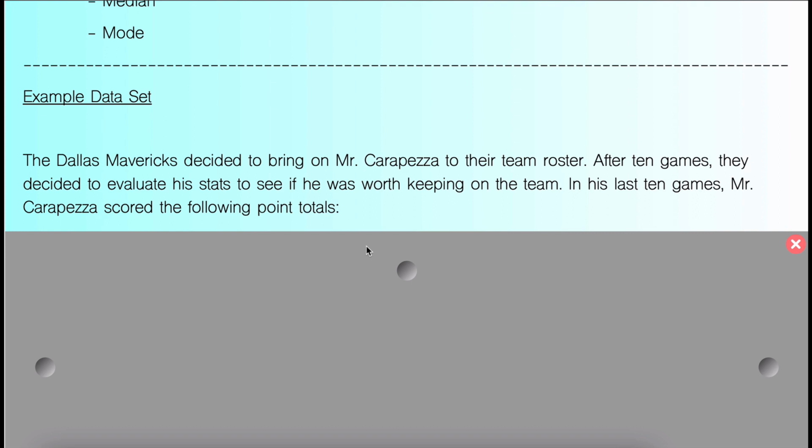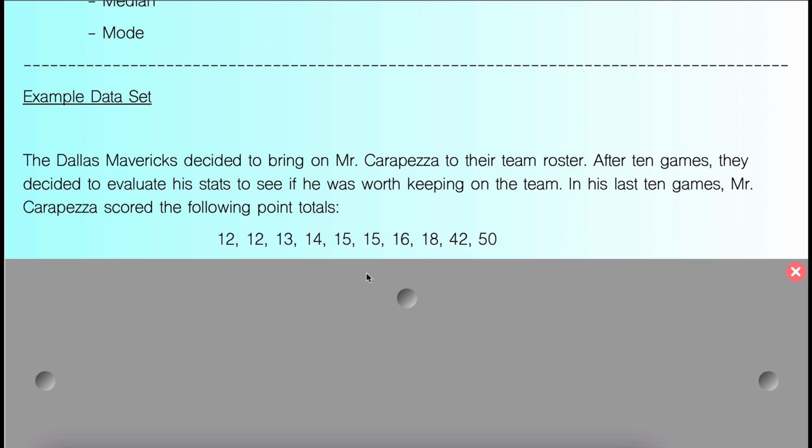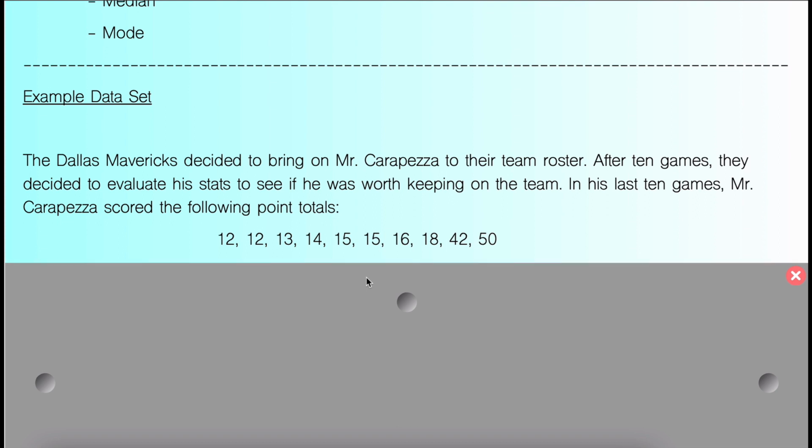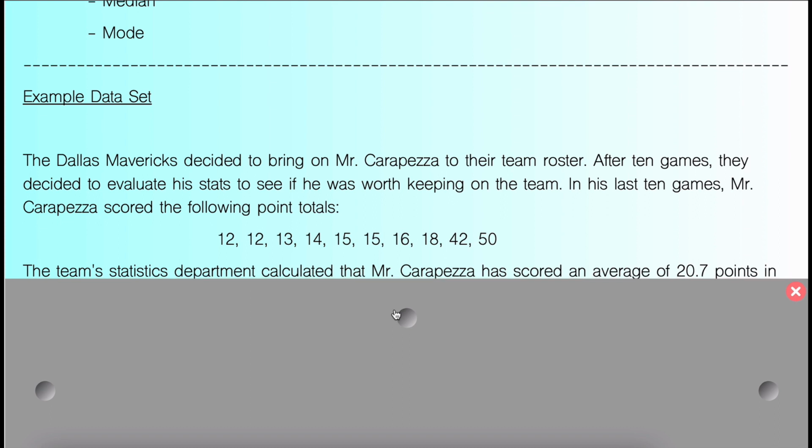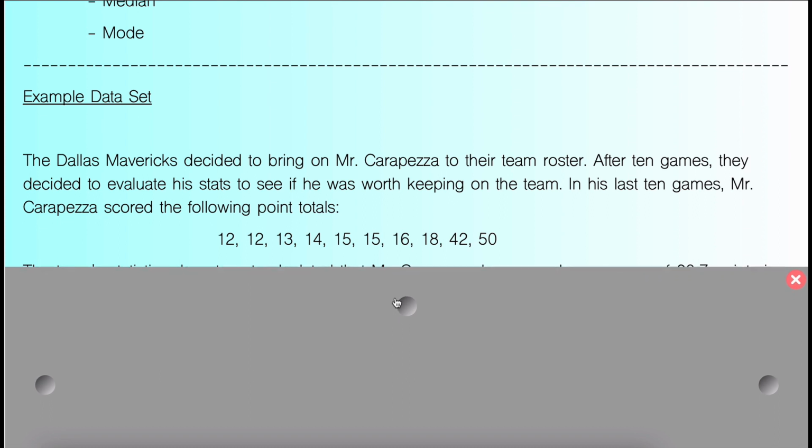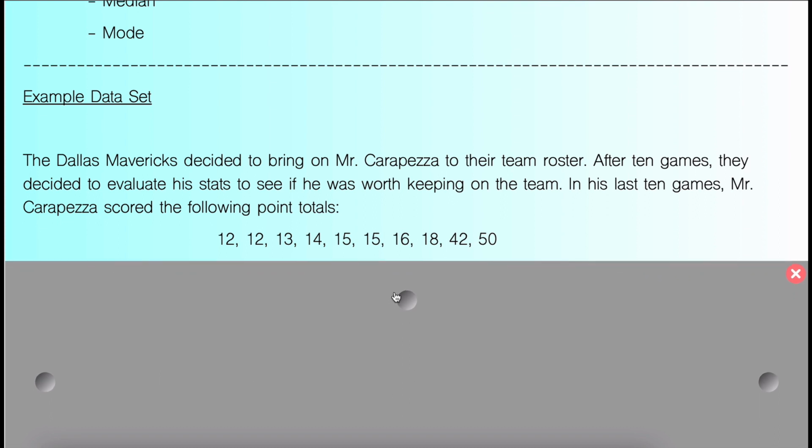In my last 10 games playing for the Dallas Mavericks, I scored the following point totals: 12, 12, 13, 14 points, 15, 15 points, 16 points, 18 points, had a big 42-point game, and I capped it off with a nice 50-point game. So the team's statistics department, in trying to figure out if I'm worth keeping on the team, needs to have some sort of measure to use to compare me.